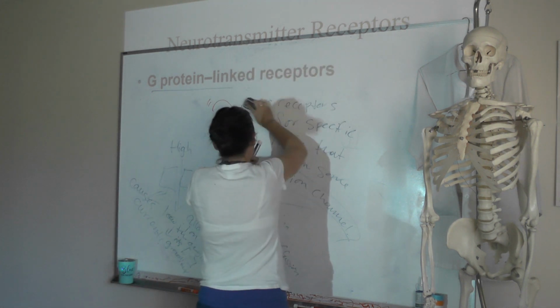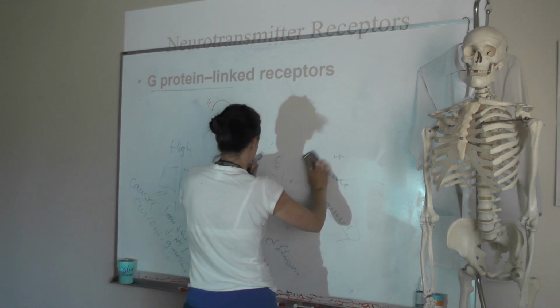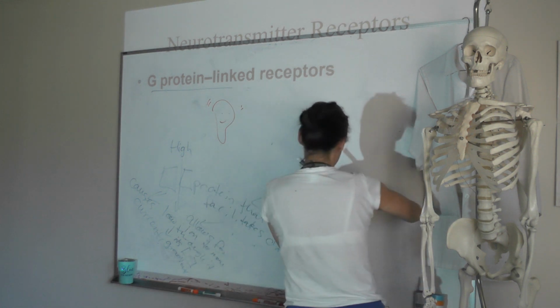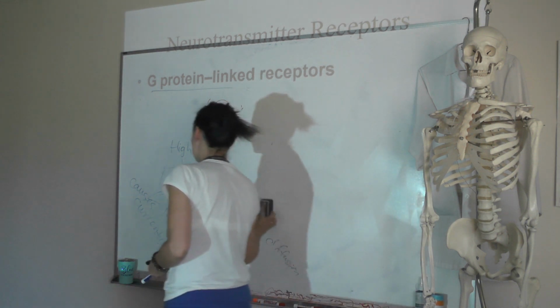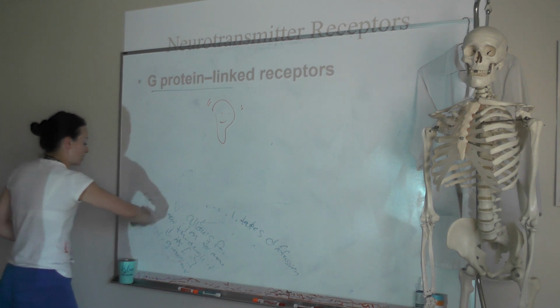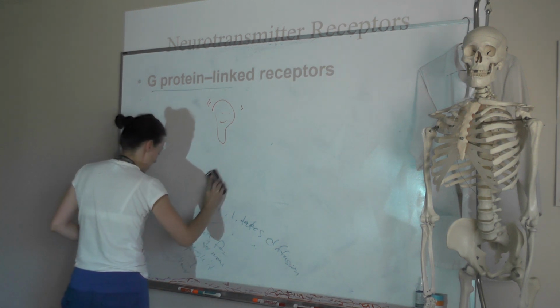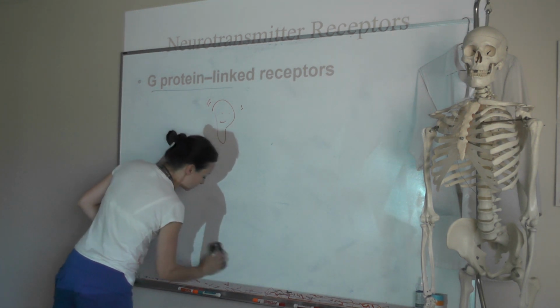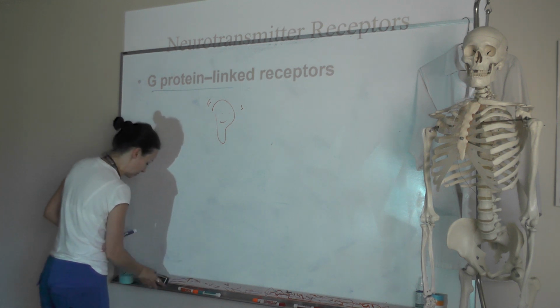Okay. We can also have neurotransmitters that bind another type of receptor called the G-protein coupled receptor. We'll talk more about G-protein coupled receptors next semester too when we look at hormones, but this is a different type of receptor.